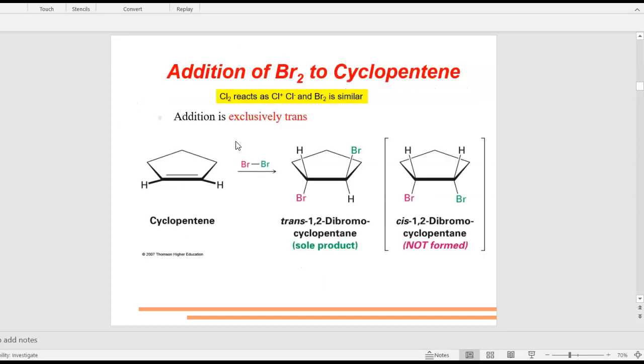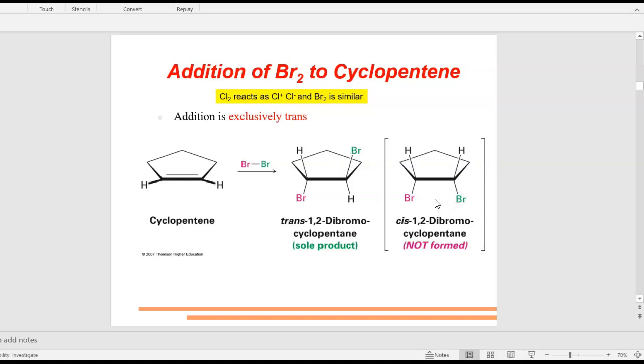Let's look at the mechanism of this. It has been seen that when bromine or chlorine adds on to a double bond, then the product is exclusively trans. That means the halogen atoms are always attached trans to each other. We never get the cis product.